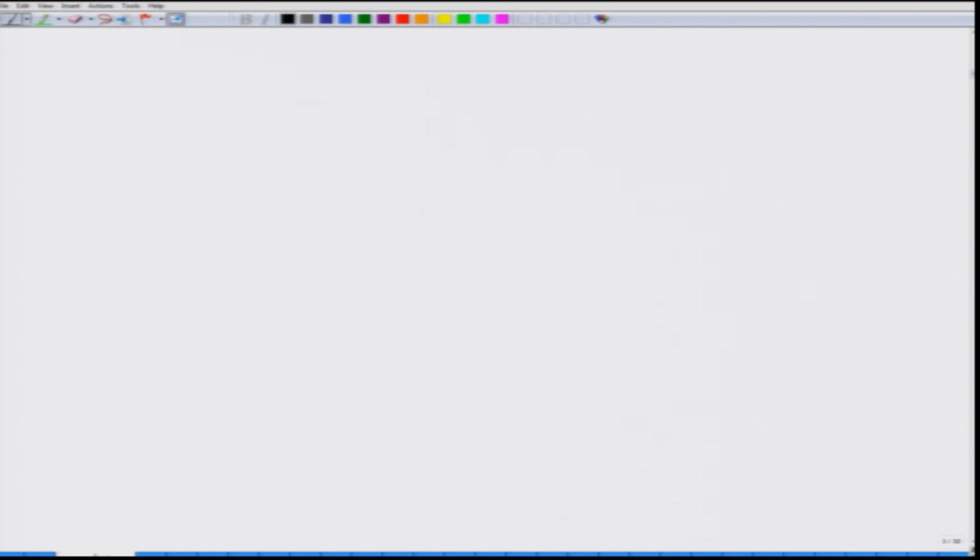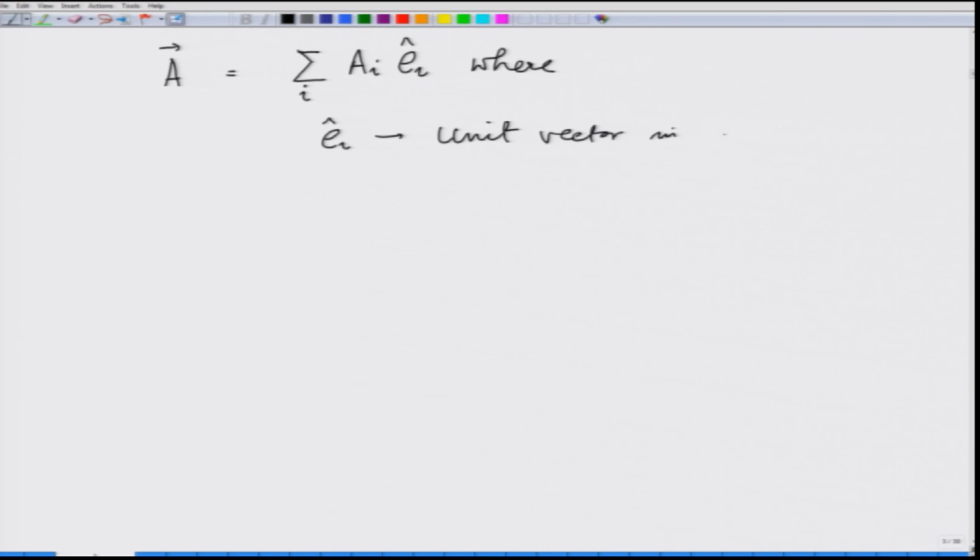So, for example, vector a then could be written as summation i a i e i, where e i is the unit vector in ith direction.